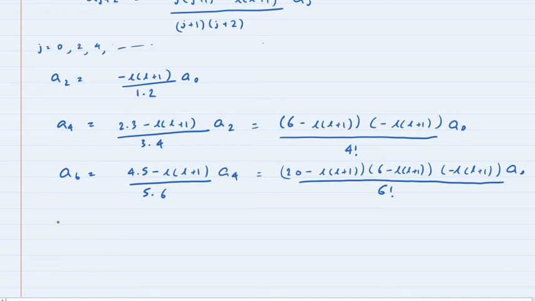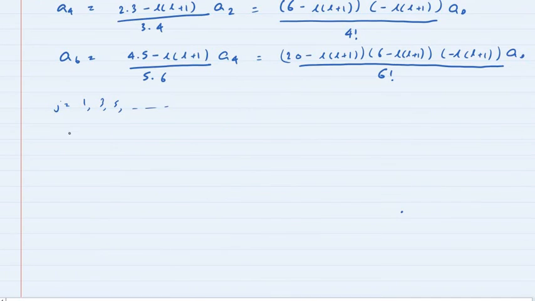And let's see what happens when j is equal to 1, 3, 5 and values like that. When j is equal to 1, a3 is equal to 1 times 2 minus L times L plus 1 divided by 2 times 3 times a1.